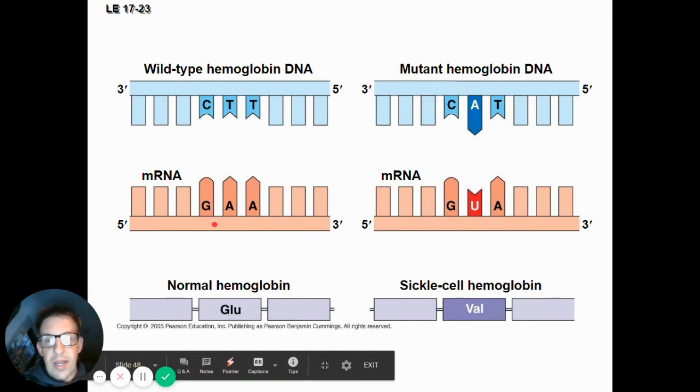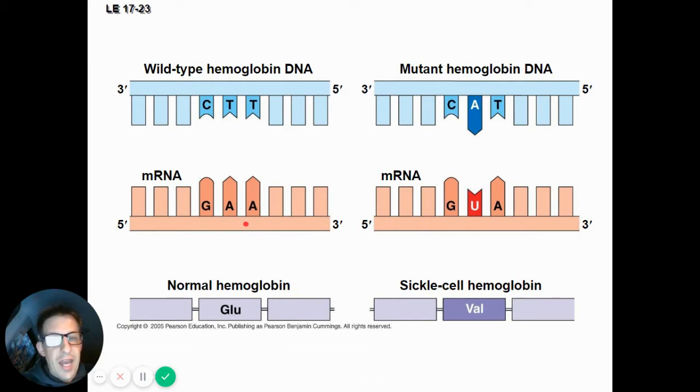Normally, mRNA gives you this codon of GAA, and that codon of GAA codes for glutamic acid, GLU. But if we have a single base pair substitution, which is exactly what we have, instead of CTT, now that middle T turns into an A, and that changes this codon to be GUA. Instead of coding for glutamic acid, it codes for valine. Okay, and that's what happens in sickle cell anemia.